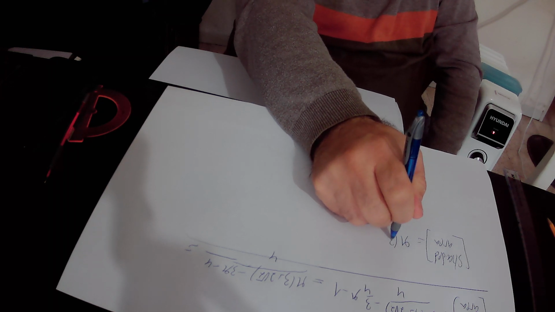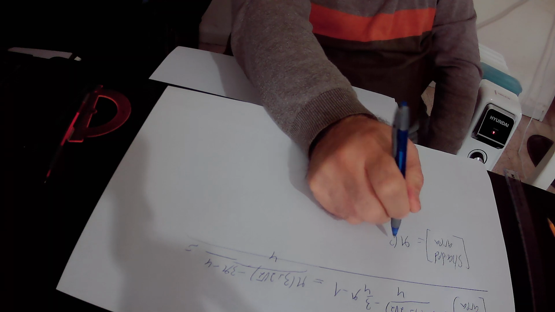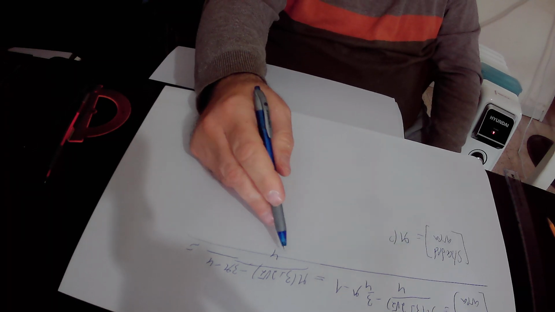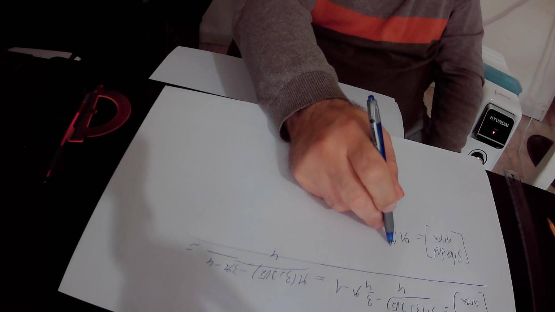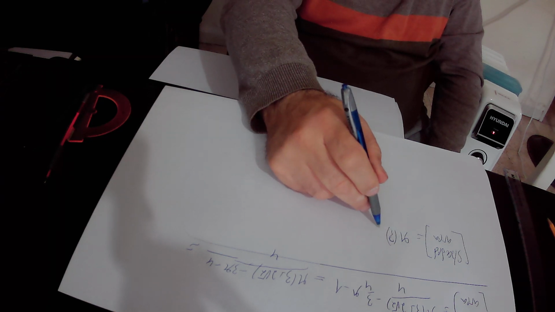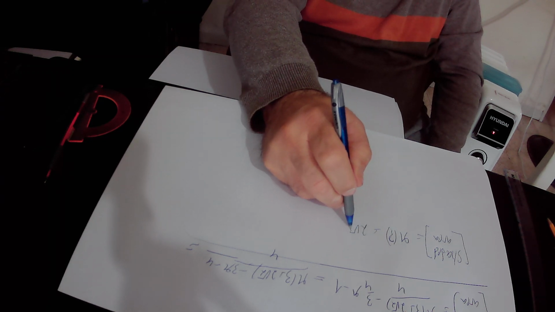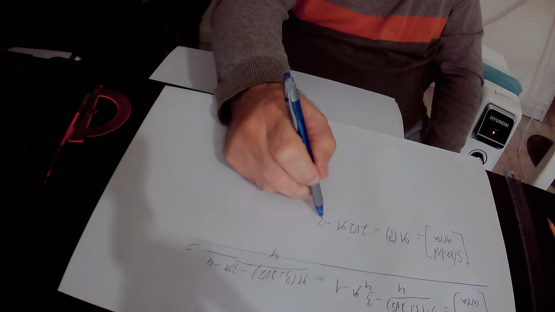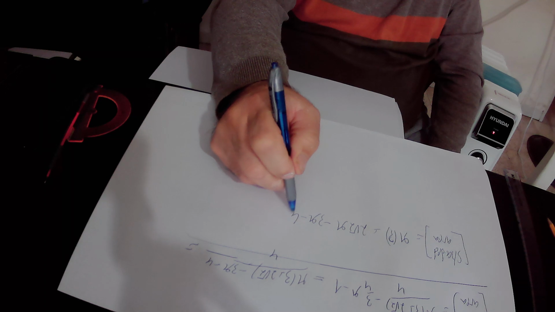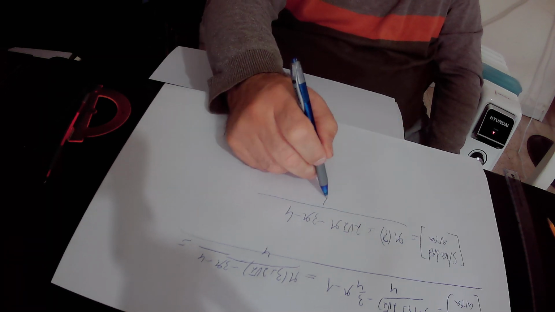Inside the brackets we have 3. So we'll open the brackets here. Pi times 3 is 3 pi plus 2 times square root of 2 times pi minus 3 pi minus 4, divided by 4.